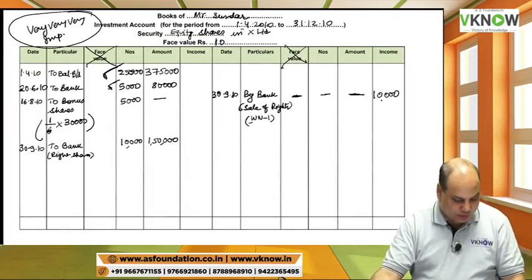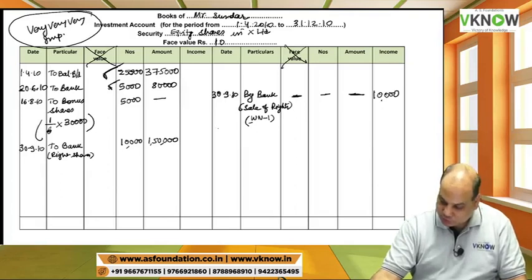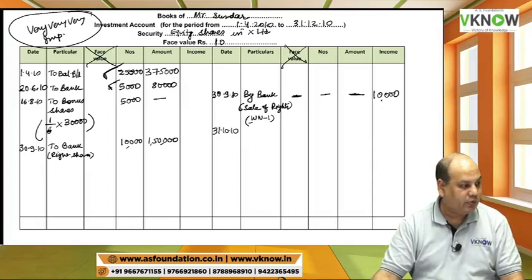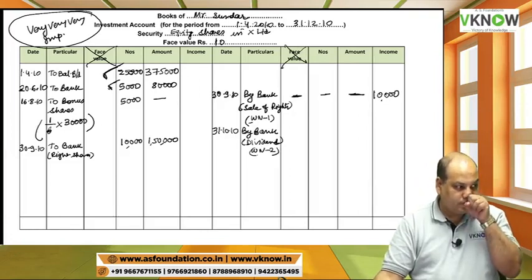Then next is dividend. Dividend was received on 31st October, by bank, dividend. Working note 2.